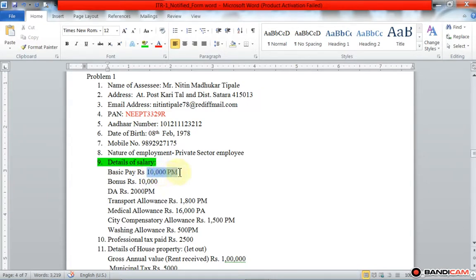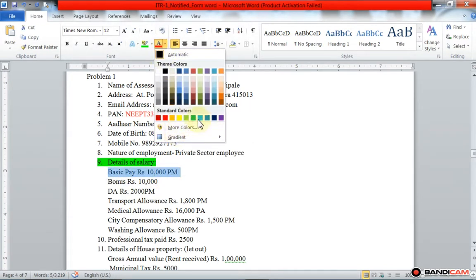We file an income tax return at the end of the year, so we convert this basic pay into a year.